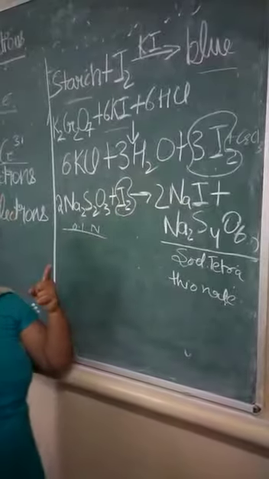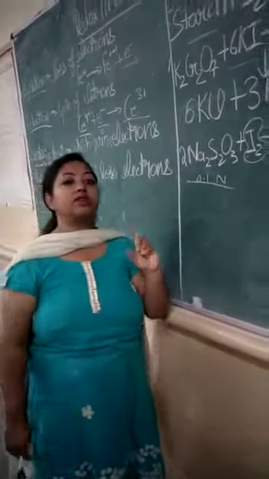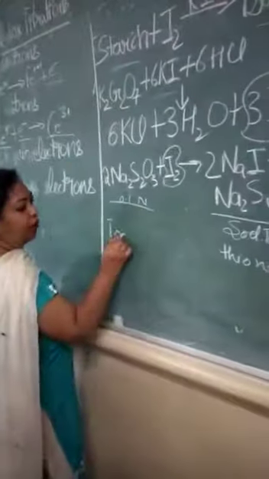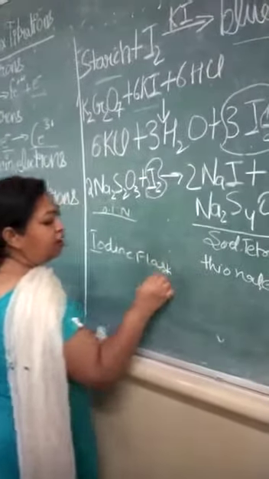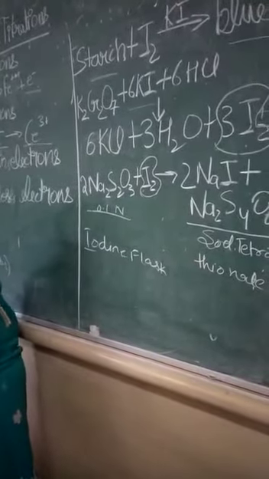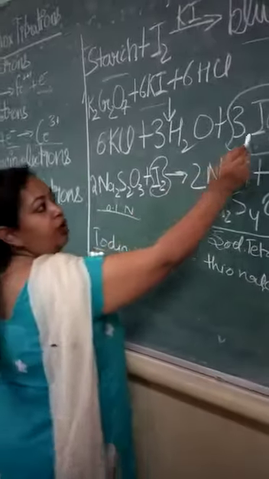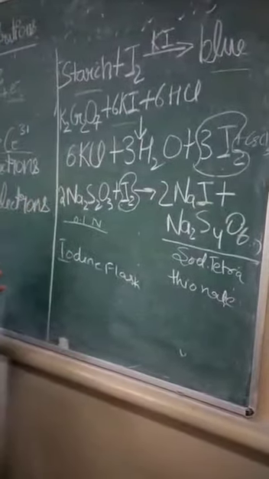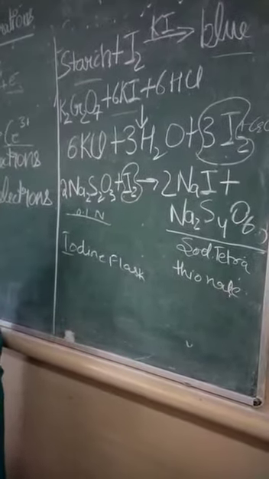But one thing you have to remember, in these titrations you will not use the normal conical flask. You will always use an iodine flask, which has a narrow opening at the top. Why? Because the iodine liberated here would escape very easily. We don't want the iodine to escape fast.